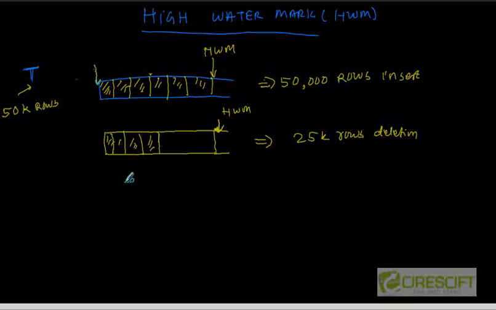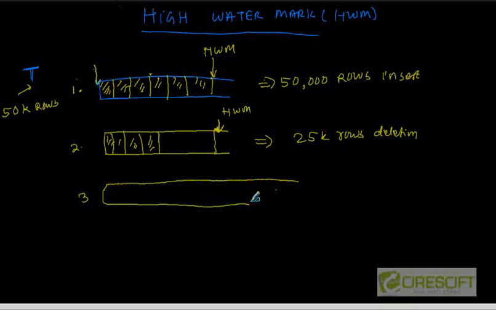This is step 1, and this is step 2. Let's say after this we add 50,000 more rows. So the total number of rows now is 75,000.